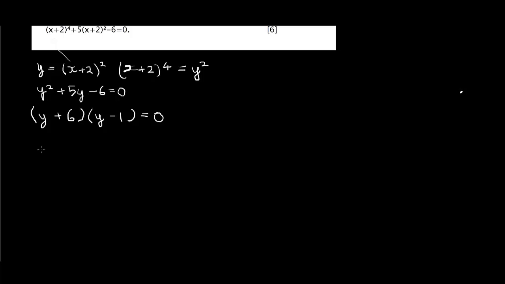And if (y plus 6) times (y minus 1) is 0, then either y equals minus 6 or y equals 1.